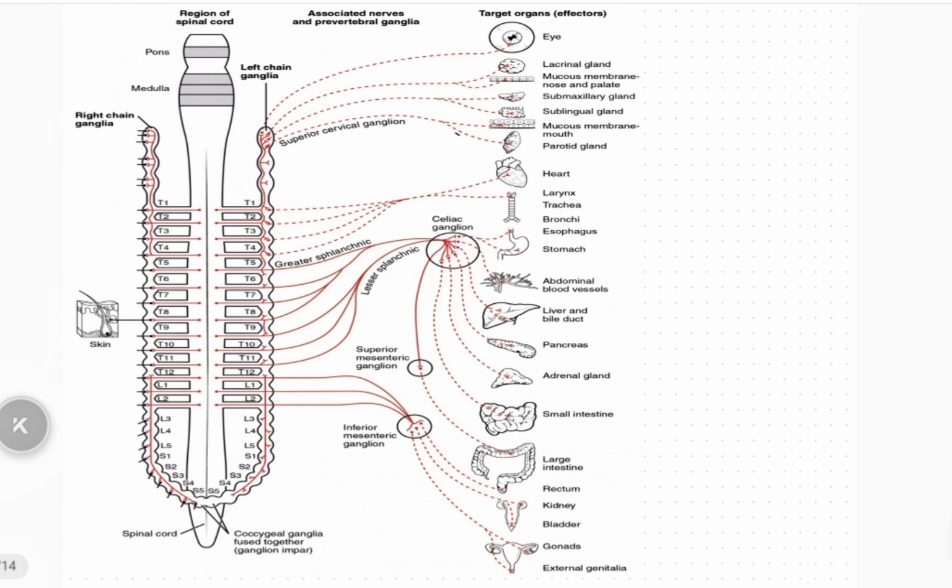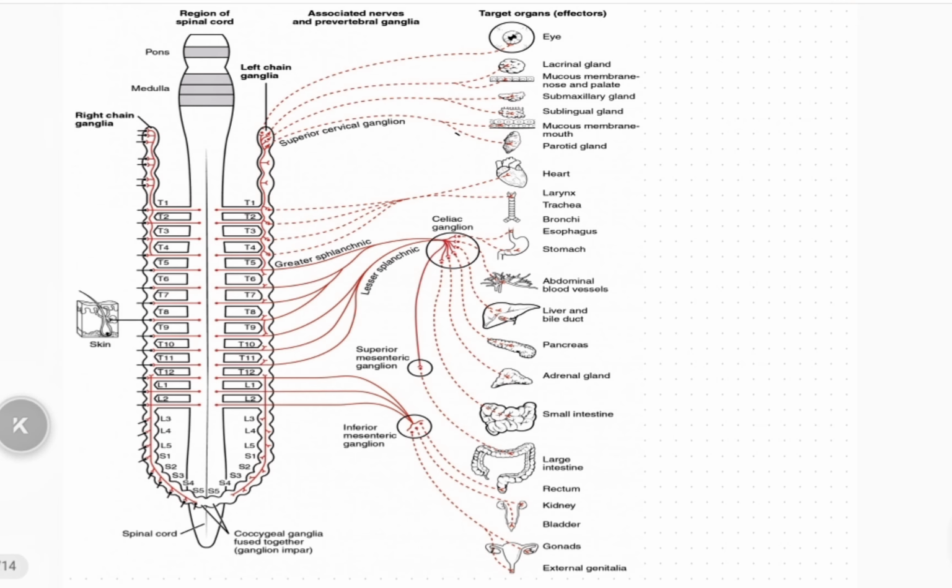But in the parasympathetic system, the neurons arise from the cranial level. Some of the cranial nerves are associated with the functioning of the parasympathetic system, and also some of the sacral neurons, or the neurons arising from the sacral region of the spinal cord. So we call the outflow of the parasympathetic system the craniosacral outflow.